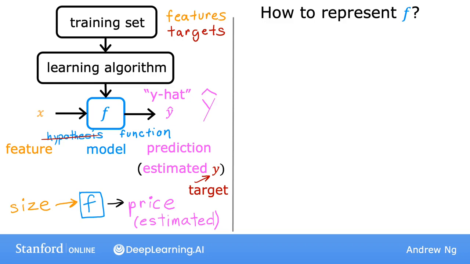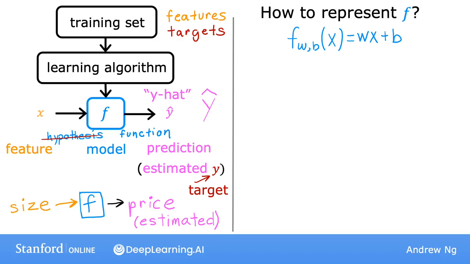So your function can be written as f subscript w comma b of x equals w times x plus b. I'll define w and b soon, but for now, just know that w and b are numbers, and the values chosen for w and b will determine the prediction y hat based on the input feature x.